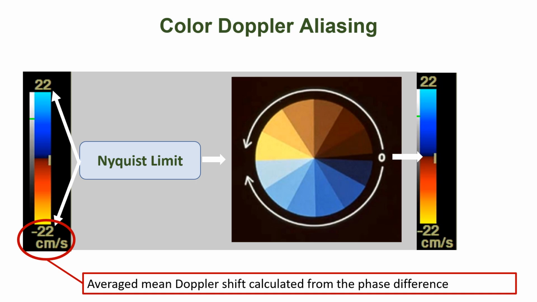The end of the color bar in the color Doppler image represents the Nyquist frequency. A color scheme may be presented as a circle rather than a bar. When the flow velocity exceeds the Nyquist limit, aliasing occurs, and the color assigned is from the part of the scale that is depicted as the opposite direction of the flow.